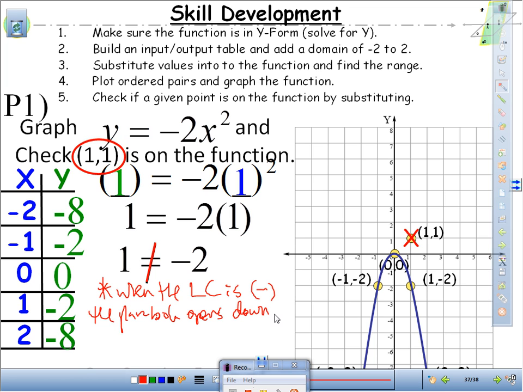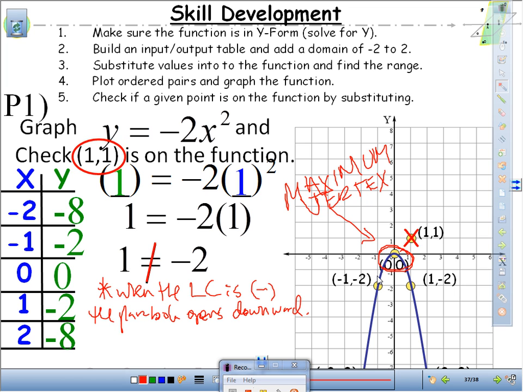Downward. Okay? Second observation, circle this spot right here. You're going to point to that, and that's called the maximum, also known as the vertex. Maximum, vertex, which is this spot.